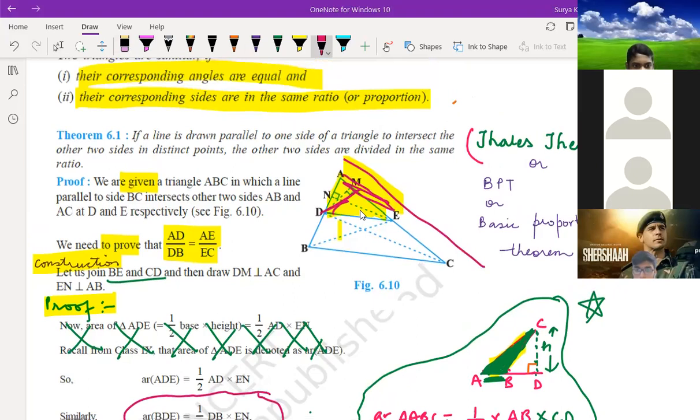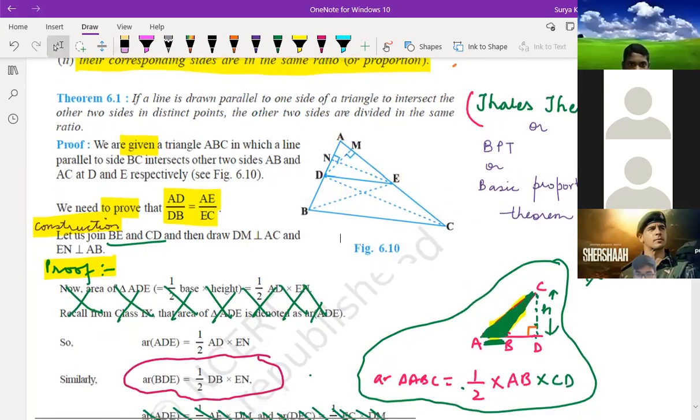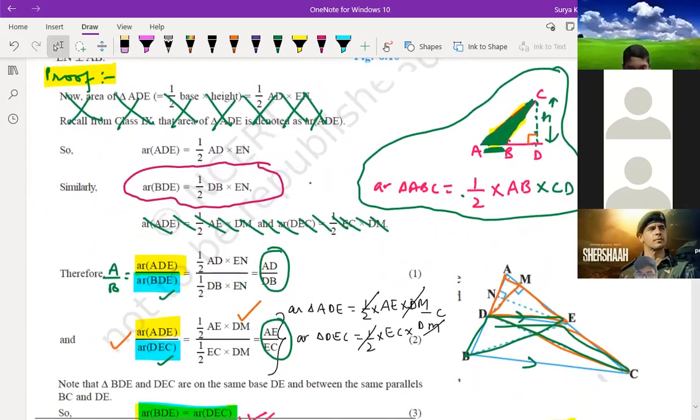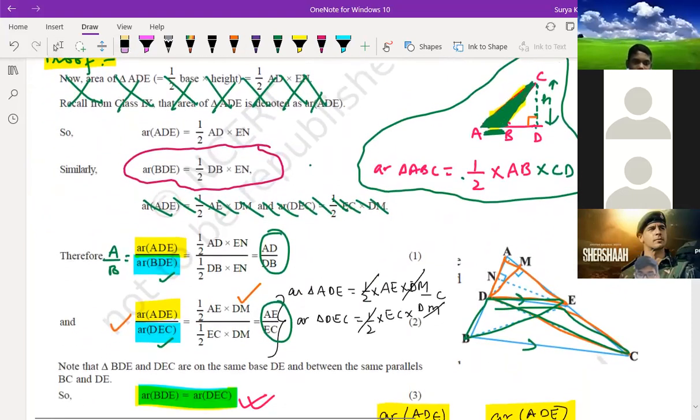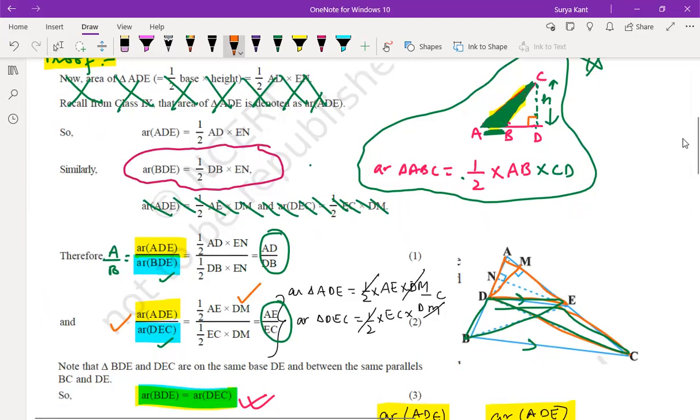Now see what we are doing here. Again, we are doing the same thing with ADE and BDE. We are now considering this triangle ADE, and BDE.